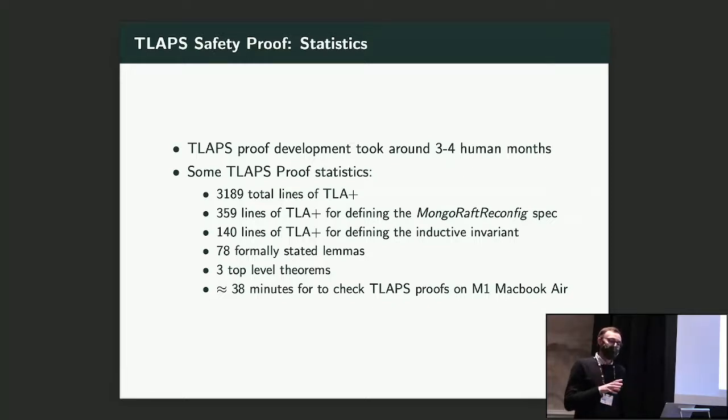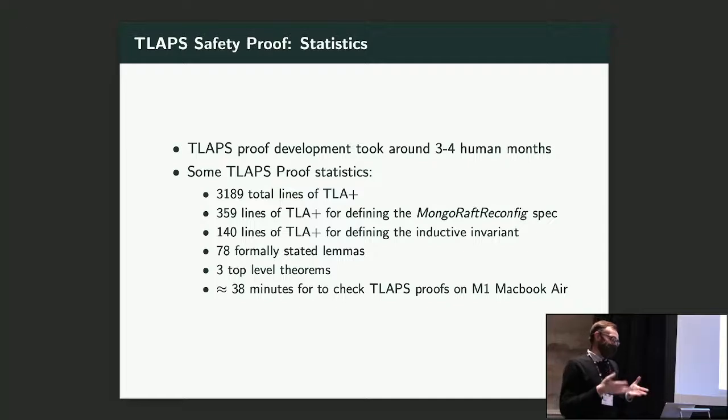And in total, we ended up with 70 formally stated lemmas. The decomposition of which is somewhat up to the user, but this was the ultimate structure of our proof. So we had 78 lemmas, then 3 top-level theorems which established the overall safety properties and rely on these lemmas.